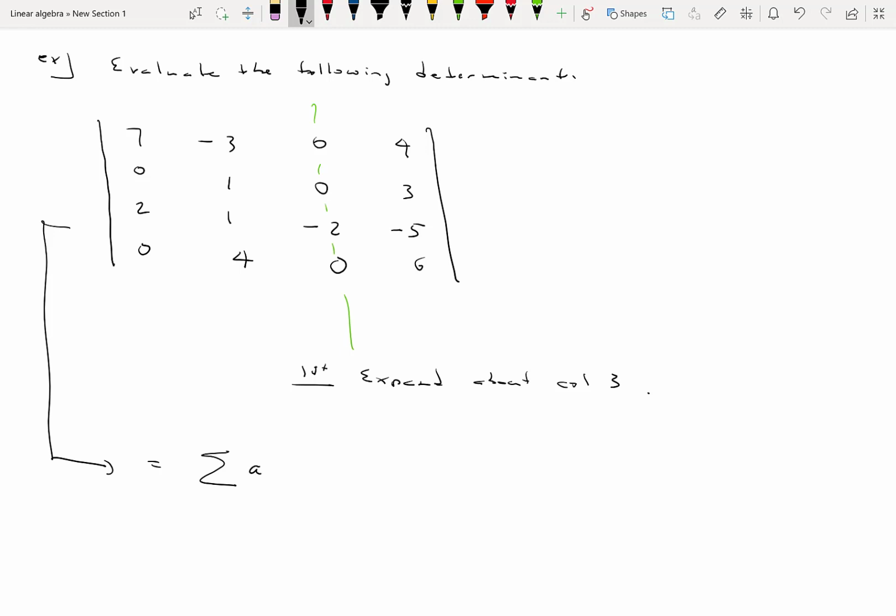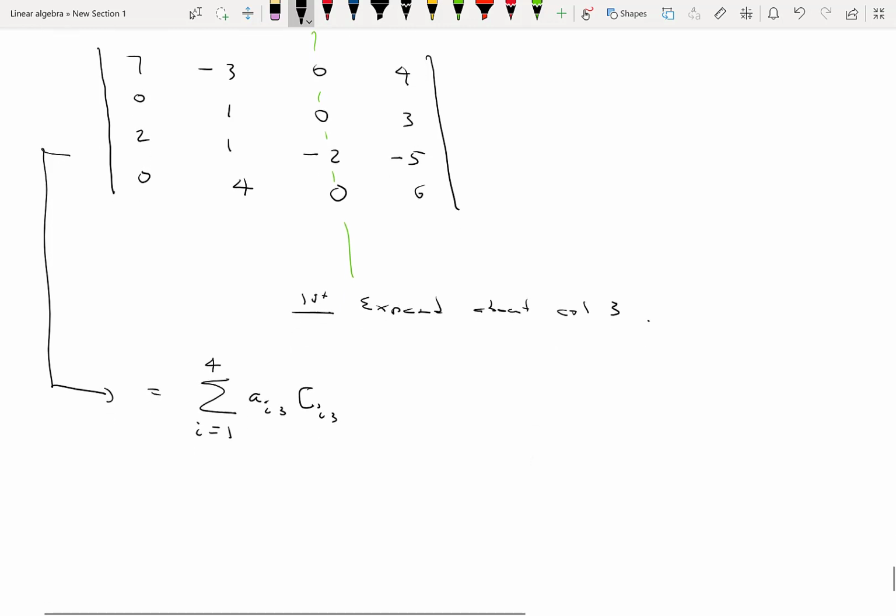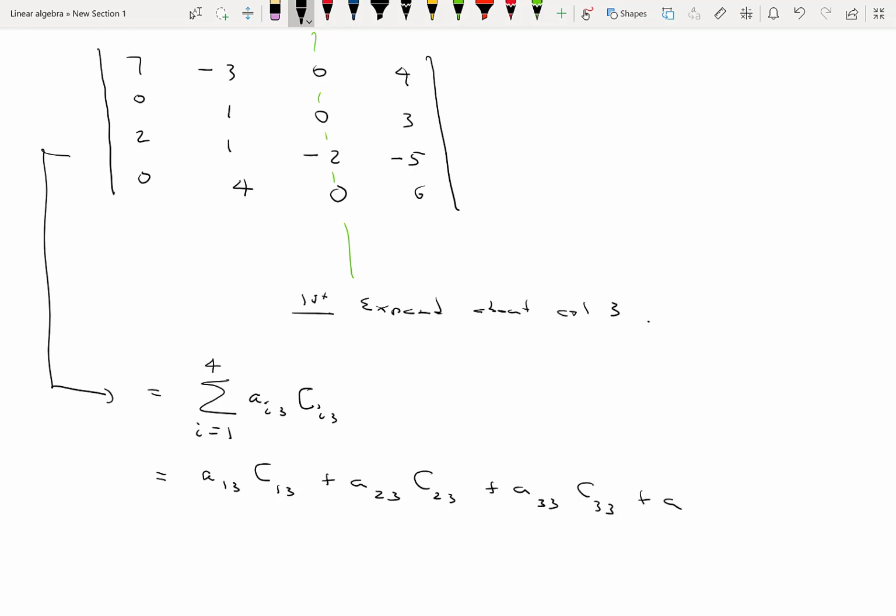The column stays fixed, so it's a_i3 C_i3, where i ranges from 1 to 4. This sigma notation kind of hides what's really going on here, so written out, it's A13 C13 plus A23 C23 plus A33 C33 plus A43 C43.